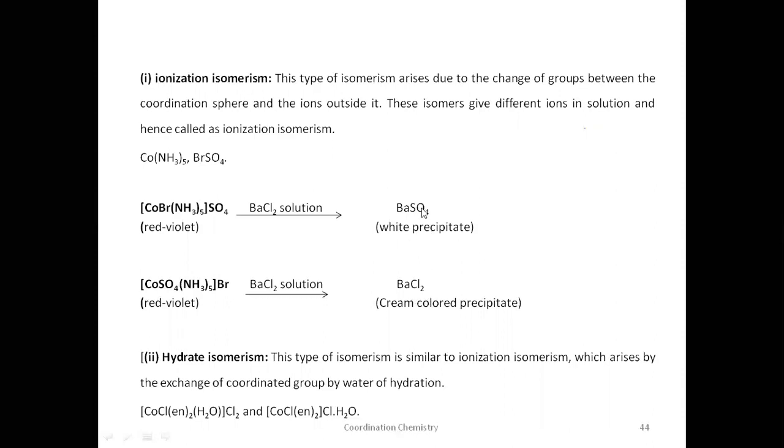Barium sulfate indicates that sulfate should be freely available, which is only possible when it is outside the square bracket, outside the coordination sphere. So sulfate should be outside. When we get barium chloride, it is only when chloride ion is freely available.